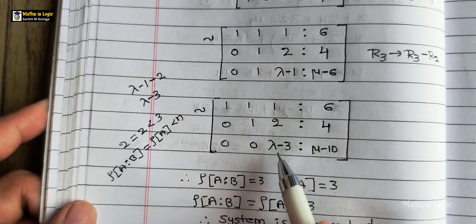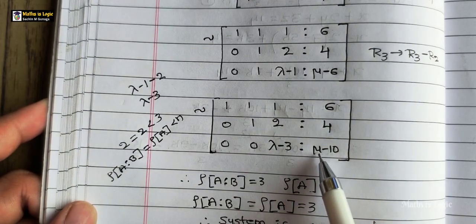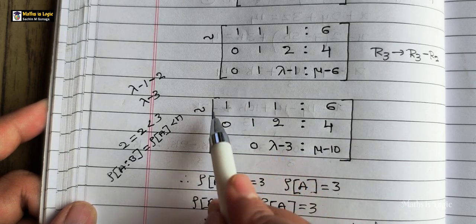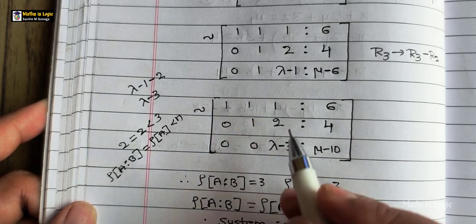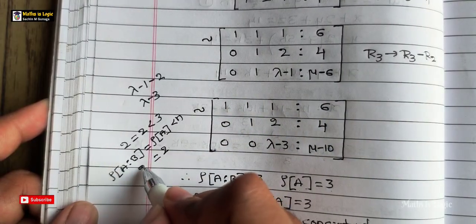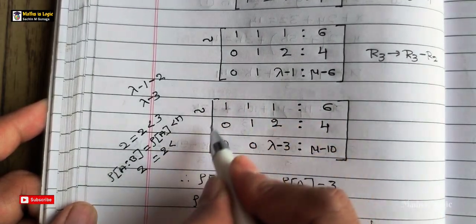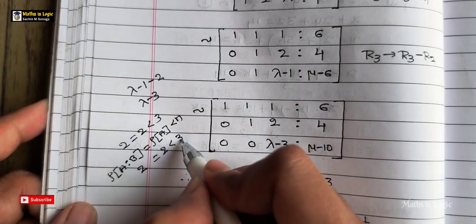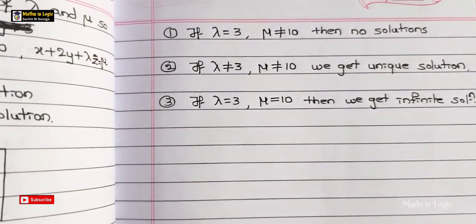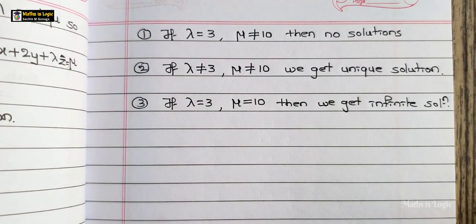So if you take lambda equal to 3, mu equal to 10, then this complete row becomes 0, so rank of the coefficient matrix becomes 2, rank of the augmented matrix also becomes 2, but we have 3 unknowns, n becomes 3. So which type of solution do we get? Infinite solution.